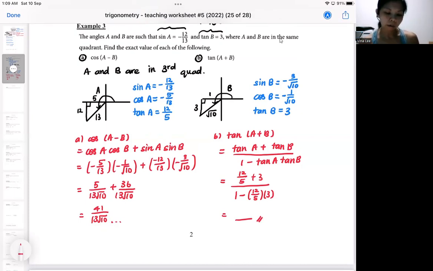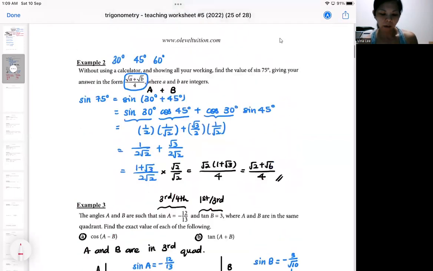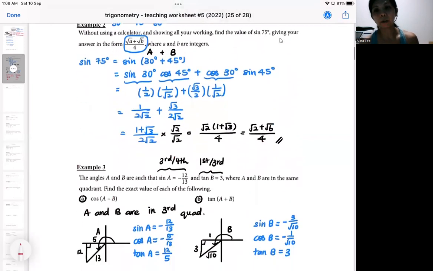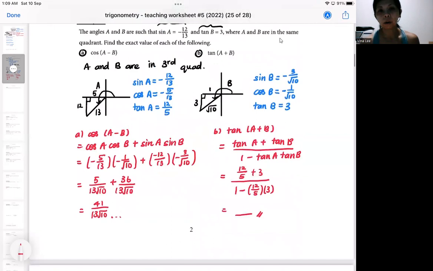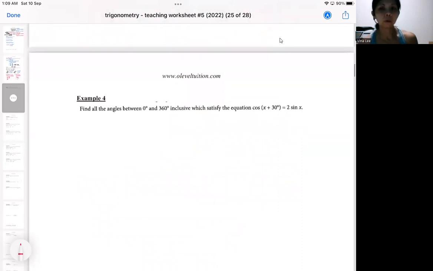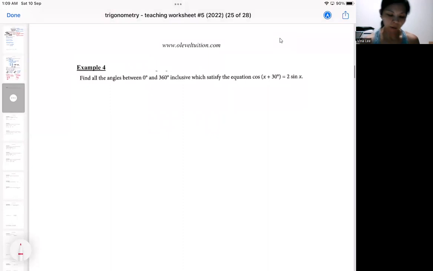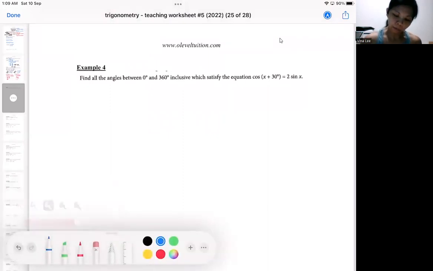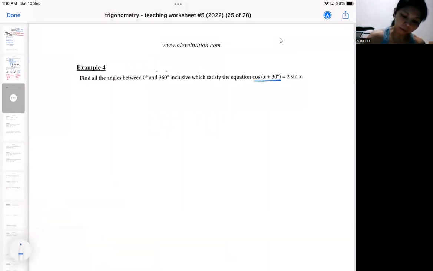Okay, so far you've already seen how we incorporate special angles and we also incorporate our triangle method. In the equation portion, we also learned about finding the basic angle, doing our ASTC. That will be applicable in this question here.